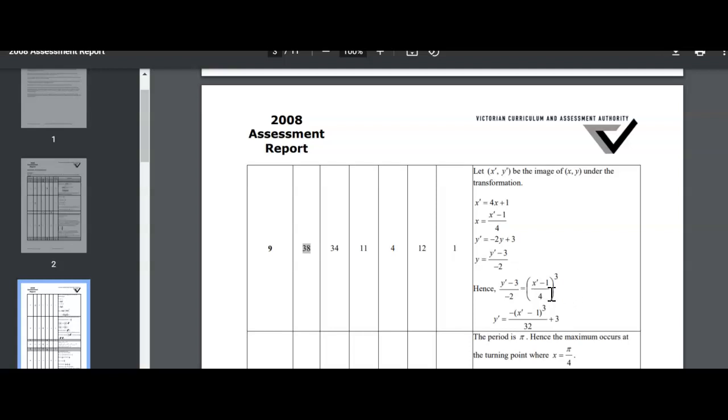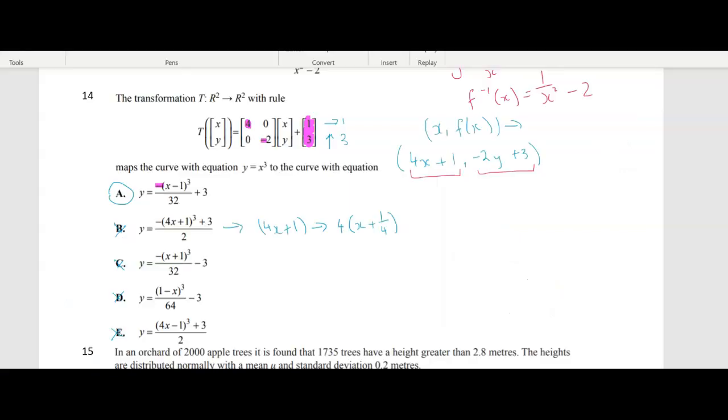So you could do a lot of this on your calculator as well, but it's good to have an understanding of how transformations work, and you can just do a process of elimination like I did for this question. It would have taken me a bit quicker if I didn't even do this mapping.